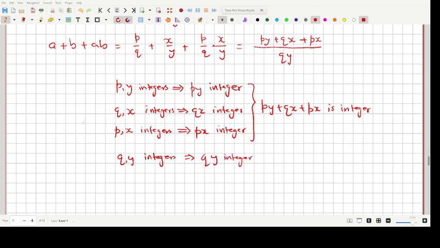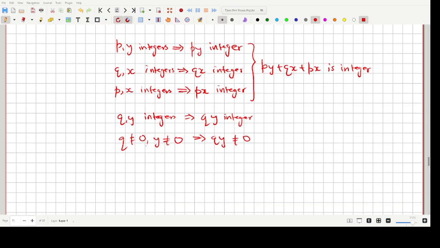And also, since q is not equal to 0 and y is not equal to 0, that implies that qy is not equal to 0. And all of these three facts combine to give us that py plus qx plus px divided by qy is rational, right? So this is the first condition of any element in set A.